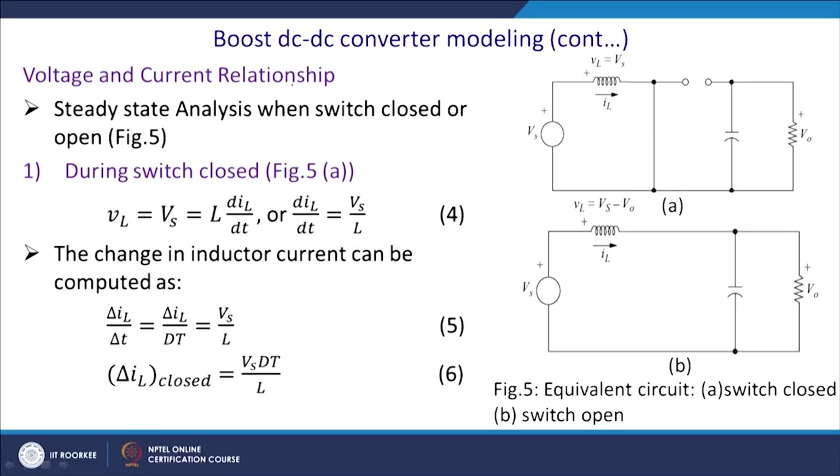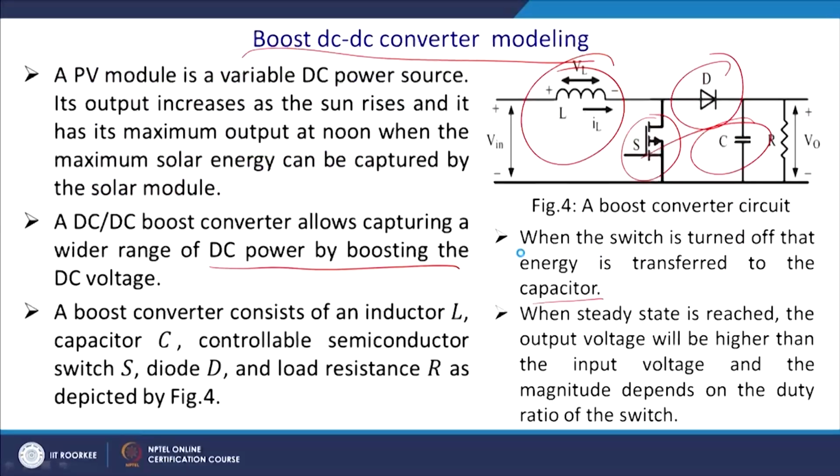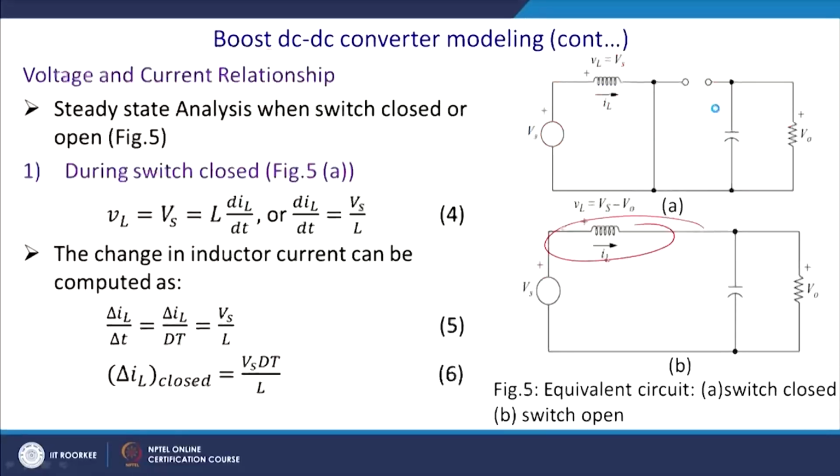Now, this stage is when the switch is closed and this stage is when the switch is open. Once the switch is closed, this point voltage becomes 0 and this side is higher, and thus this diode becomes reverse biased, and this is the duration when the switch is closed.